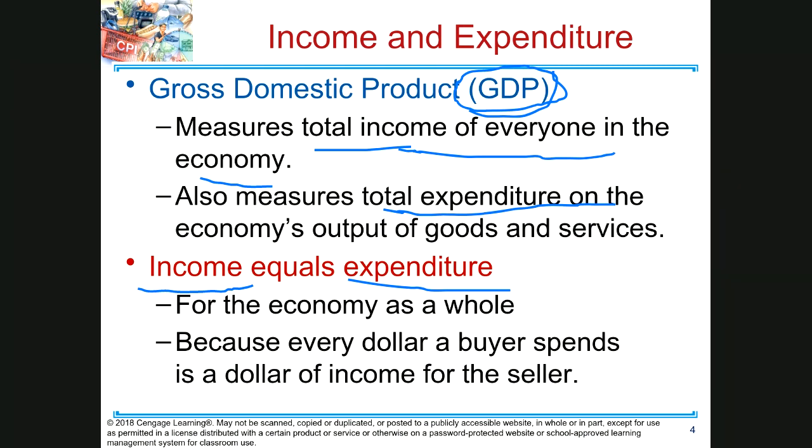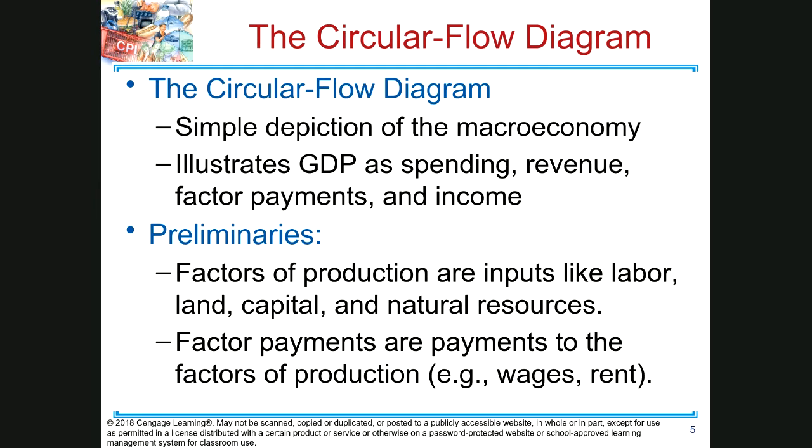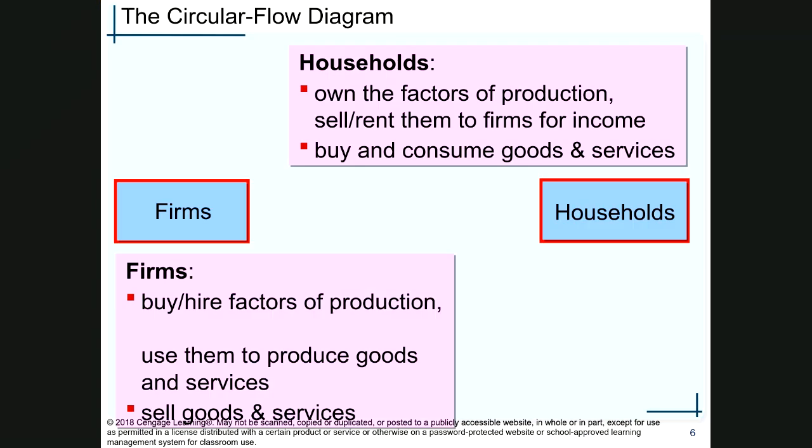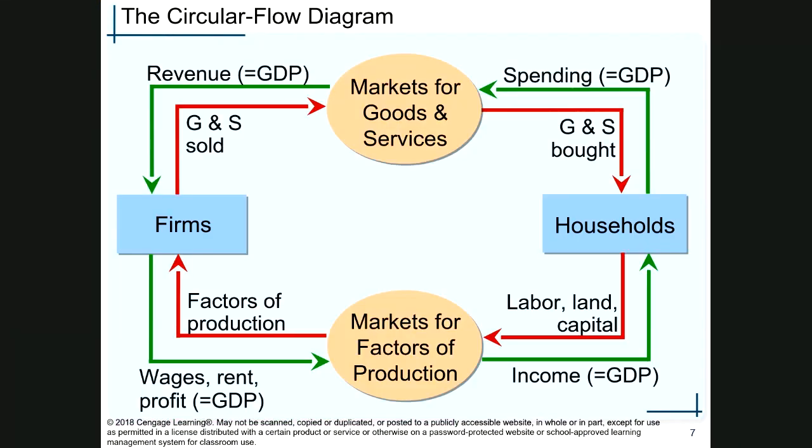If you recall our circular flow model, let's just go through it here. In this circular flow model, you see the green arrow outside, a flow of money, dollars. The inside is the flow of tangible stuff like goods and services, right?